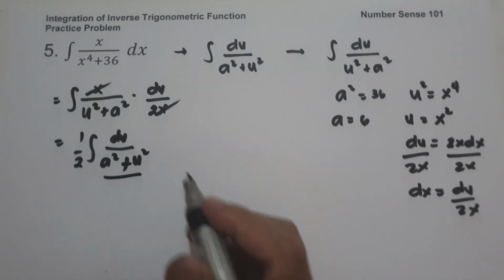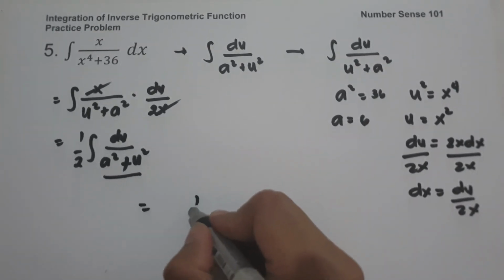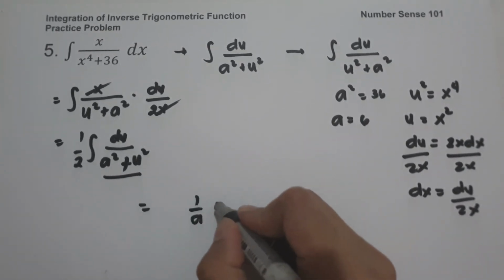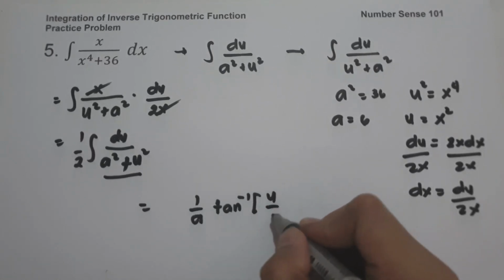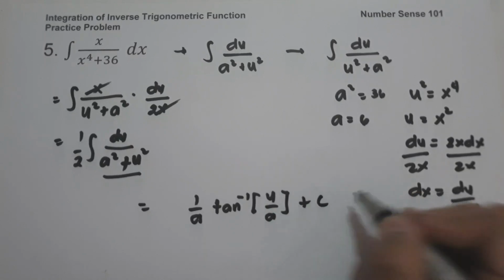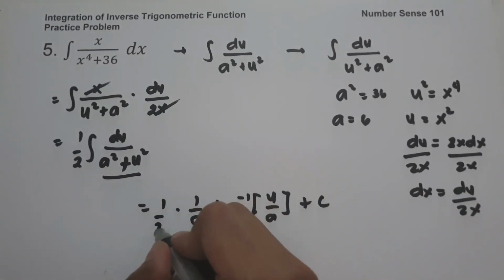So this expression, that is 1 over a arctangent u over a plus c, and then multiply by 1/2.